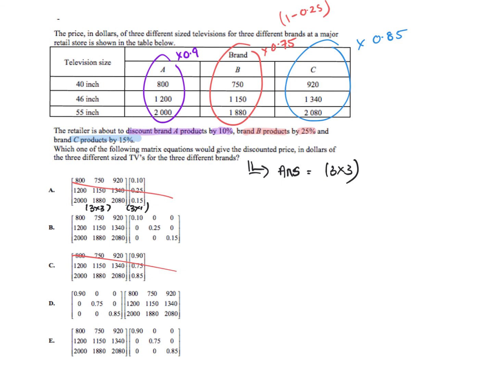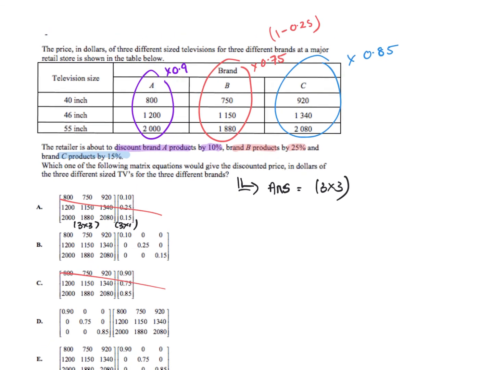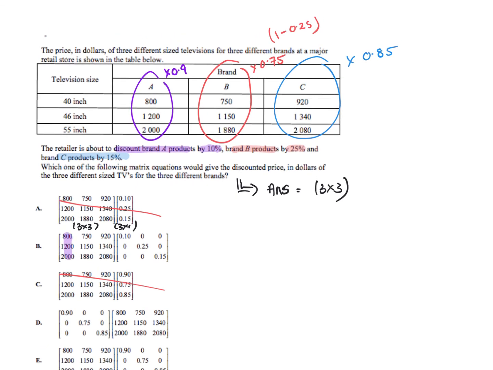And I've looked down, so it's going to be the other ones. Now, remember we want to multiply. So if you look here, we've got all this A, and we want to multiply that by 0.9.